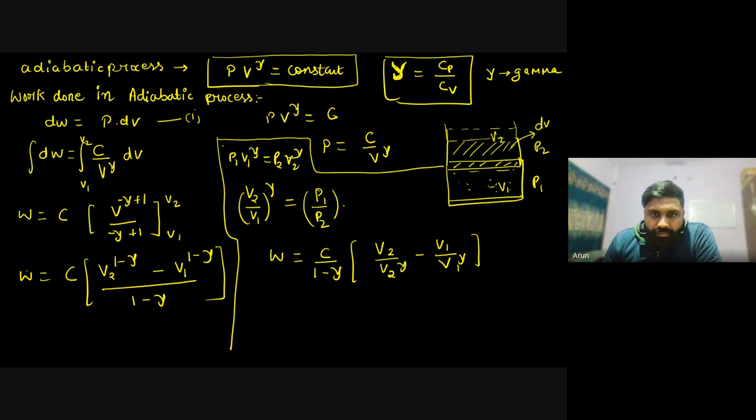So if you take V2 raised to the power gamma here from this and V1 raised to the power gamma from this, so try to note it up to this. Note it down up to here because I have to rub it off. So try to note it down.